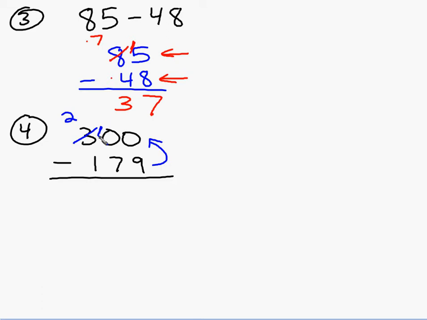Well, I'm not done borrowing because I have to start over here. So I need to borrow again, make this 10 a 9, and make this 0 a 10. And now I'm ready to start my subtraction problem. 10 minus 9 is 1. 9 minus 7 is 2. 2 minus 1 is 1. Be careful with these. The goal here is to get 100% correct answers.